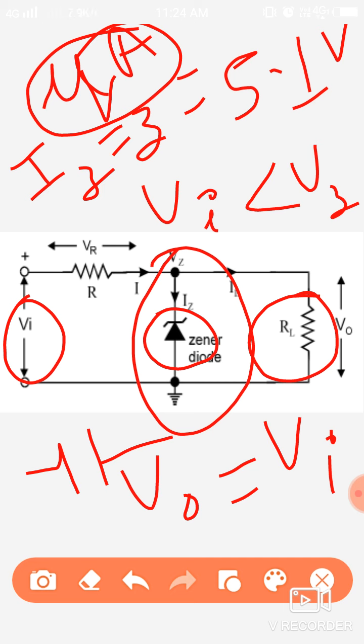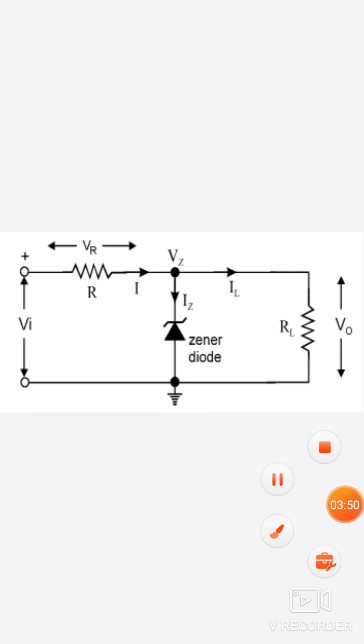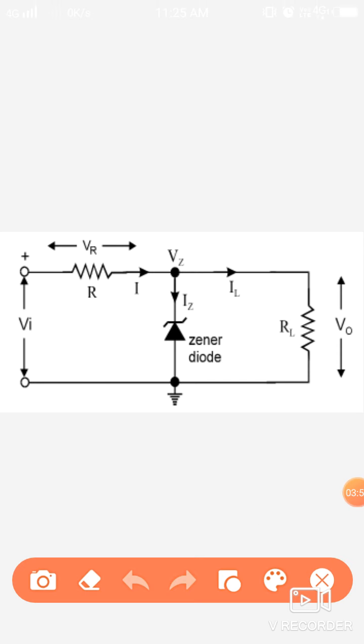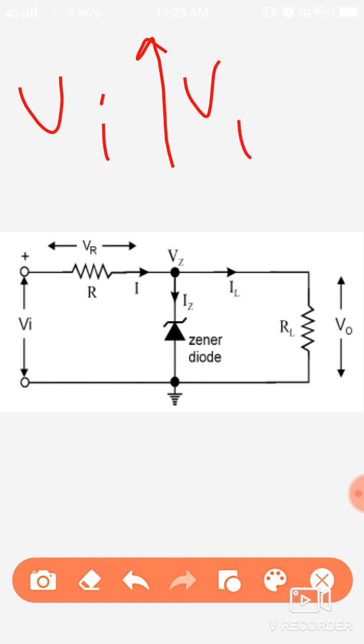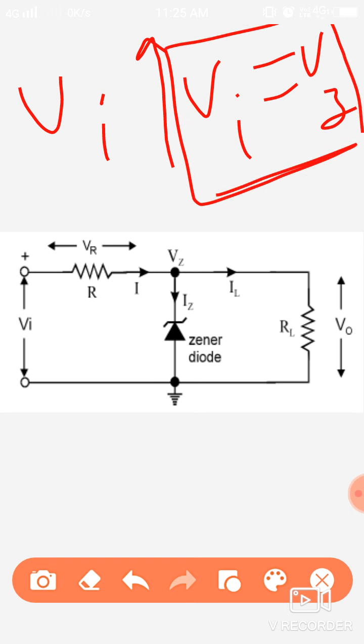Now what will happen when we increase the value of Vi slightly and slightly? Suppose that Vi slowly increases, then at a fixed value, when Vi equals Vz, the Zener diode is like a broken switch and does not participate in the circuit.